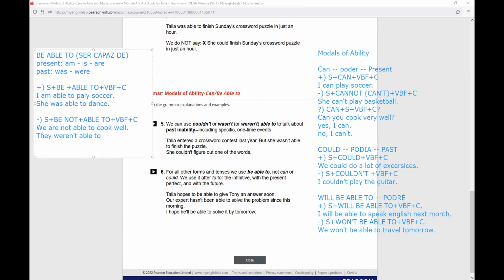Ellos no eran capaces de venir temprano. Okay, so we have this able to in present with verb to be in present and in past with verb to be in past. If we want to use future, it's the same future of can.